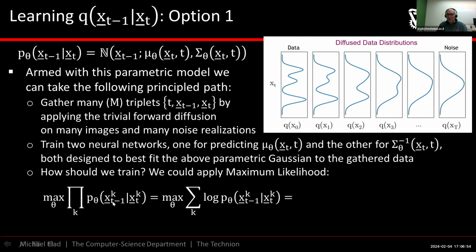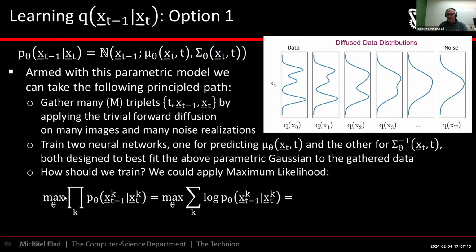It finds that the probability of those xt minus 1 given the xt are the highest they can be. Since I took 100,000 examples and they are drawn IID, the probability of their joint behavior is the multiplication of their individual probabilities. So this is why I have a multiplication.